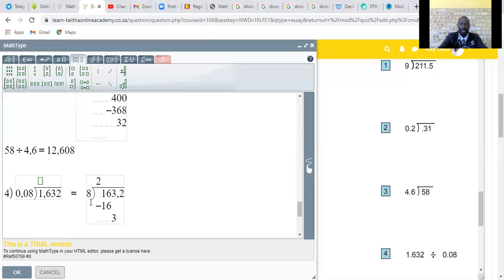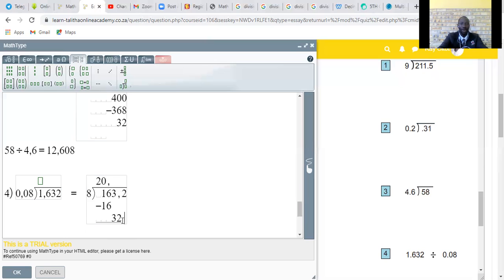No, 3 cannot be divided by 8. In other words, 8 will go into 3 0 number of times. So we put the 0 there, and a point. Since we do have a 2 here, we bring this 2 down.